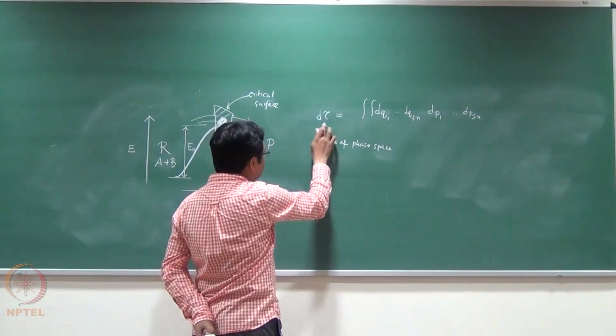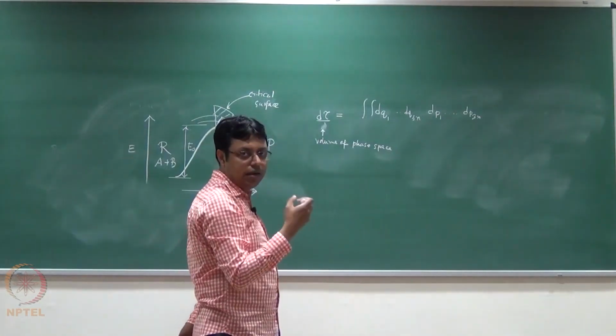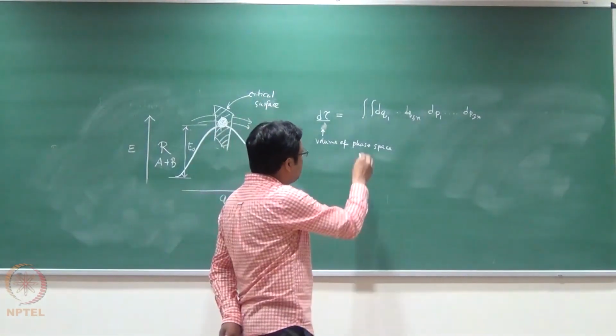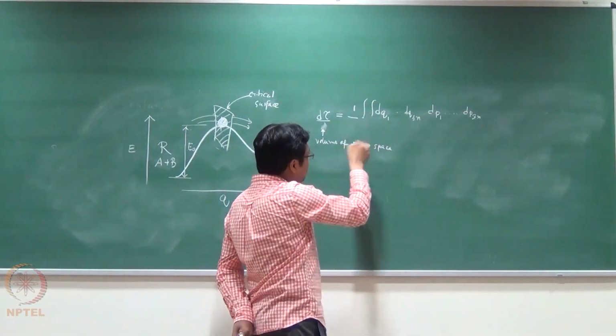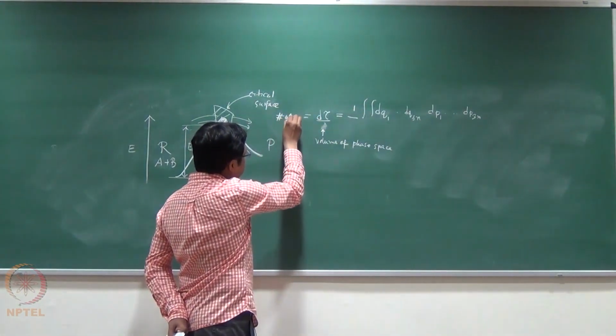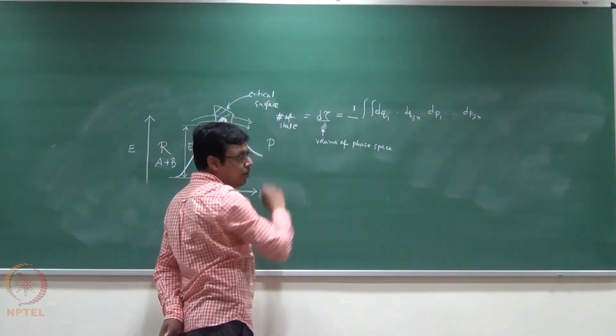With this total volume, if I divide by the volume of each unit cell, I should get the number of states for that given volume.